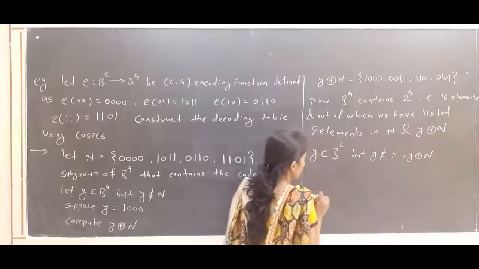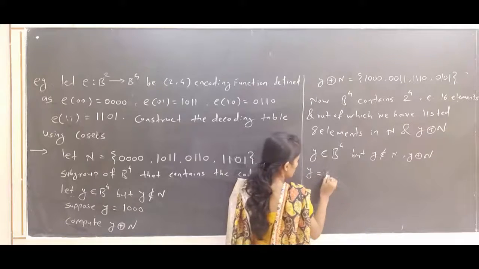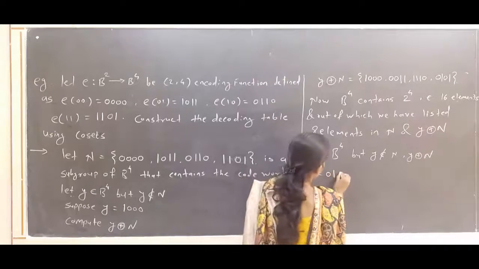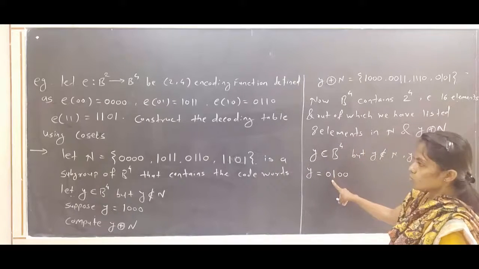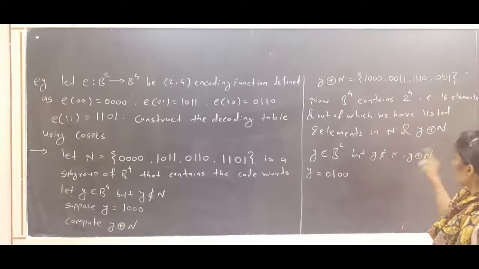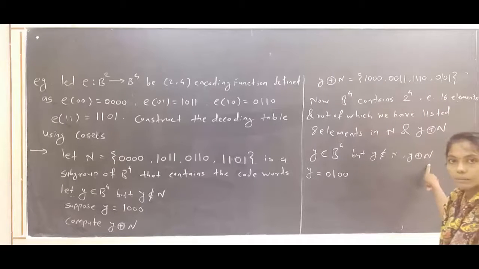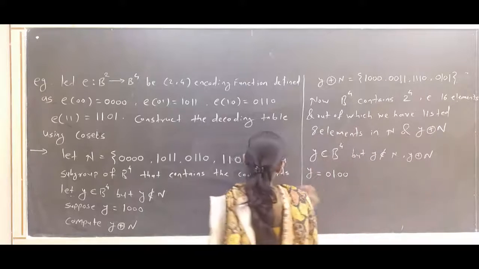So here we take y equal to 0100. So check here 0100 does not belong to N and y ring sum N, and whose weight is again 1, which is minimum.